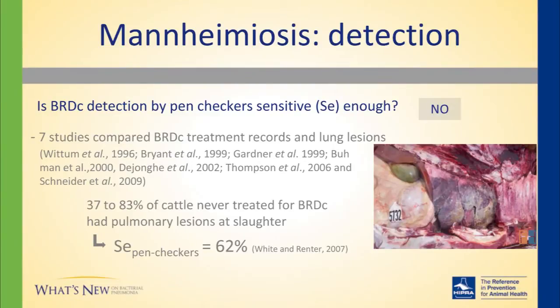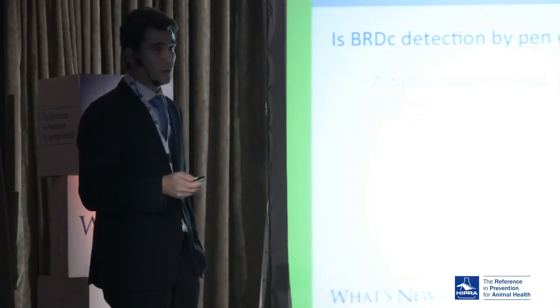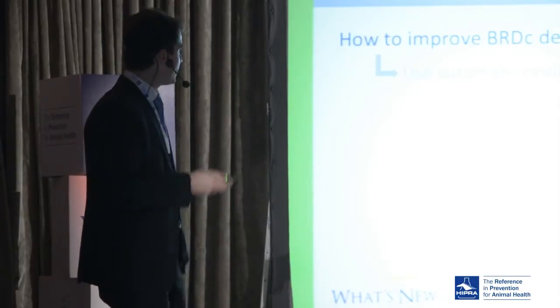Based on these results, White and Renter recently estimated the sensitivity of pen checking to detect BRD at only 62%. In other words, up to 38% of cattle with BRD are not detected during the feeding period. So is it sensitive enough? Probably not. So how can we improve this BRD detection?